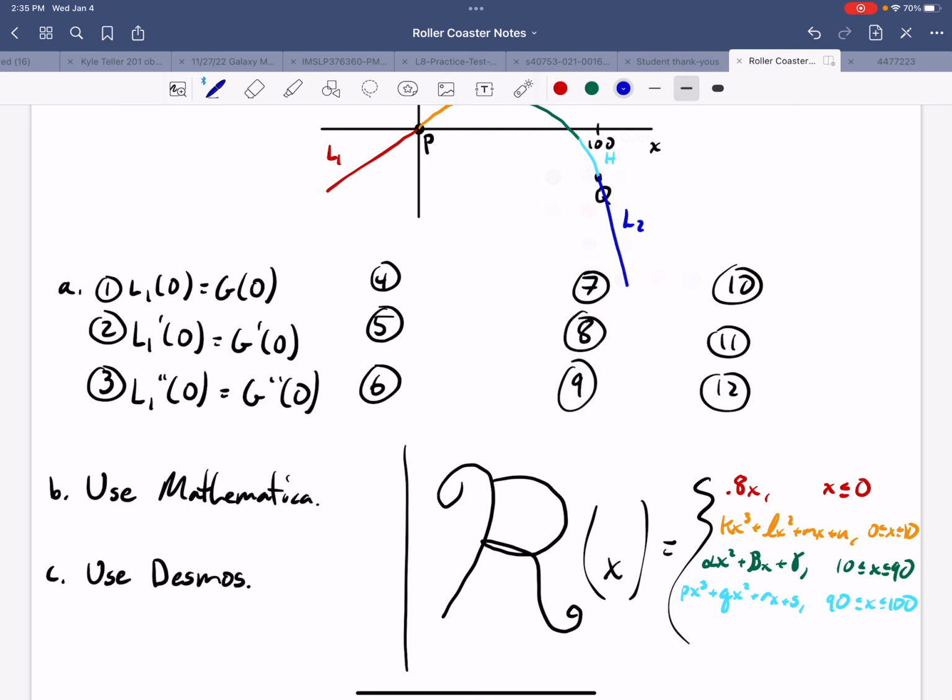And then last but not least, we're going to have L2 of x, which we already know is negative 1.6x plus 120, and that's for x greater than or equal to 100. Okay, so that's what we're solving for. When we get each of these components, then we can graph script R and compare the graph to regular R.